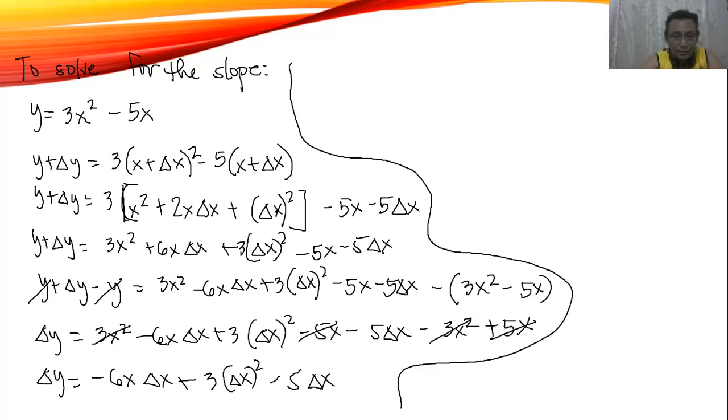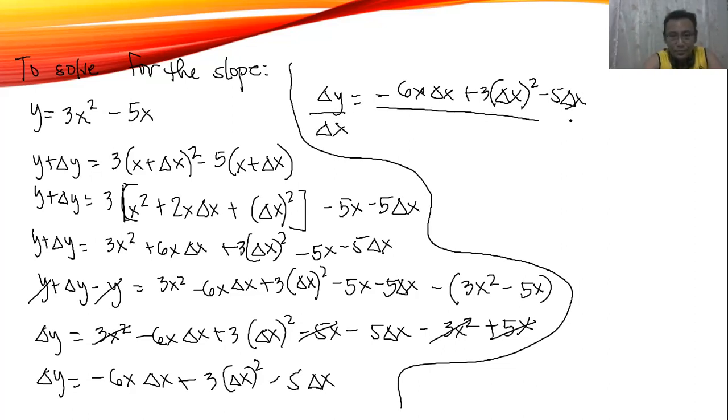After this, we have to divide both sides by delta x. Delta y is equal to 6x delta x plus 3 delta x squared minus 5 delta x. Using the common monomial factor, we will factor out delta x in the numerator.